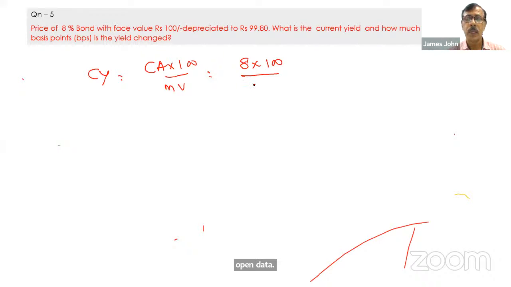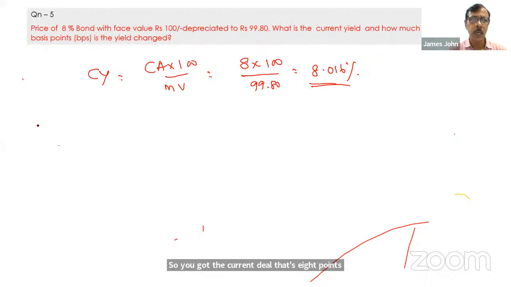Divided by 99.80. On simplification, you will get 8.016%. So you got the current yield as 8.016. Earlier, the yield was 8%. From 8%, it moved to 8.016%. Now the question is, how many basis points the yield changed?